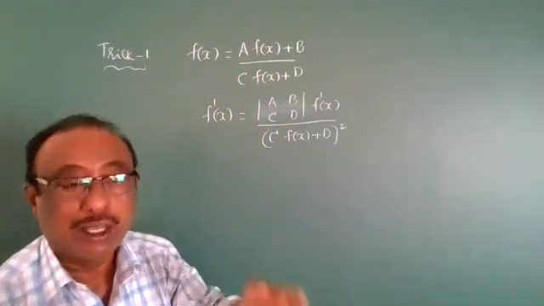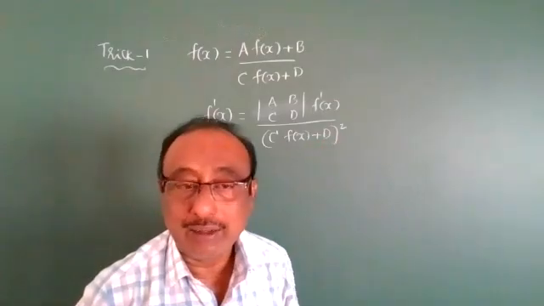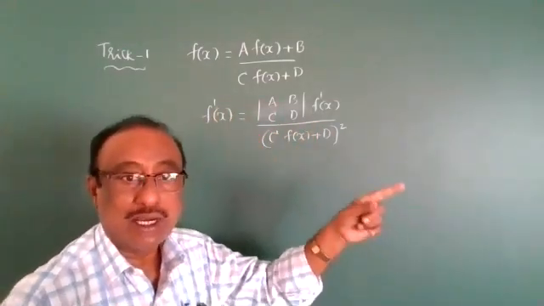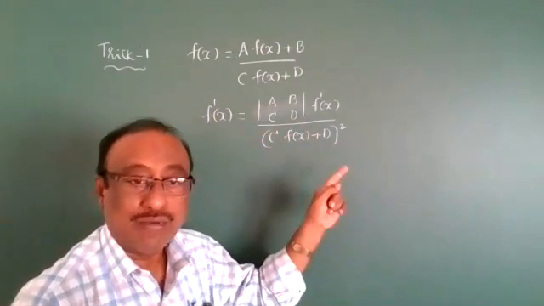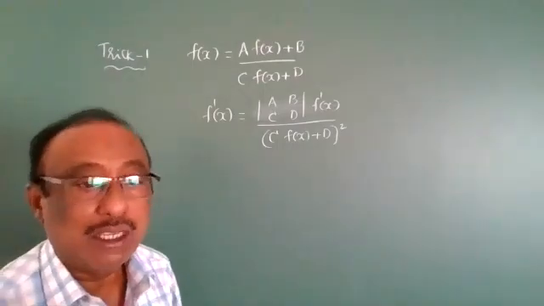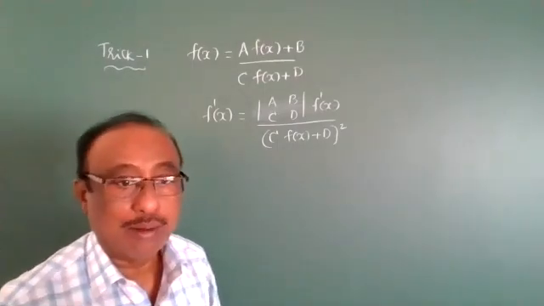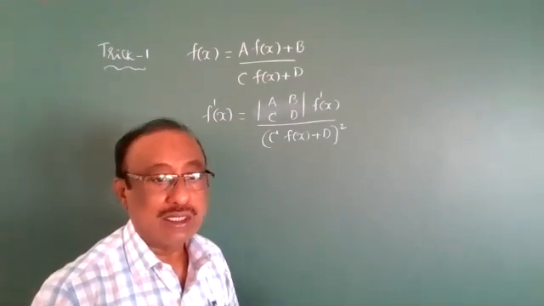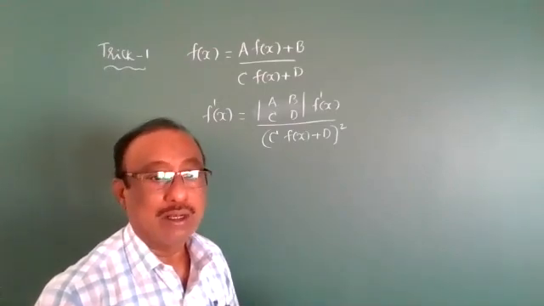Directly we can write it, since it is in the form of some constant into function plus constant, by some constant into the same function plus some constant. The constants A and D may be equal, may not be equal, no problem. B and C may be equal, may not be equal.